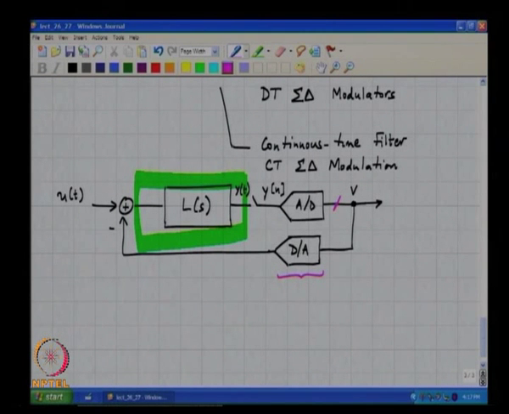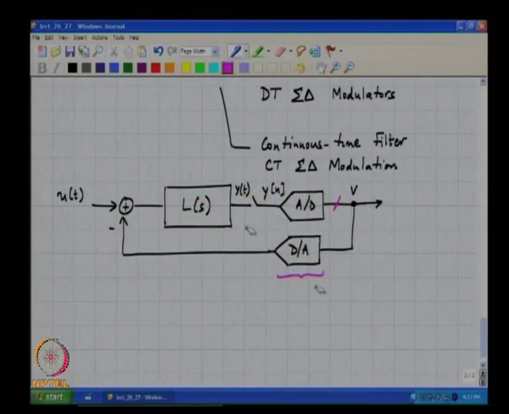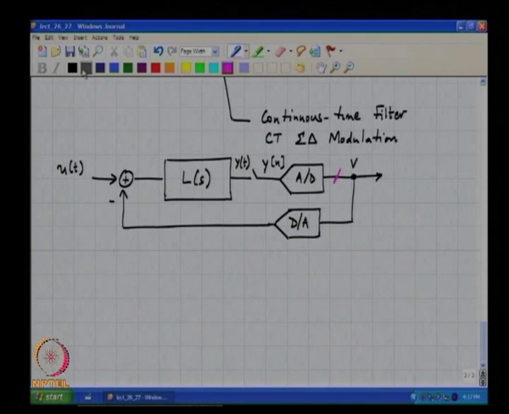If you go back to the very beginning of this course, the sequence V is a discrete time sequence with discrete levels also, mind you, because it is the output of an A to D converter.